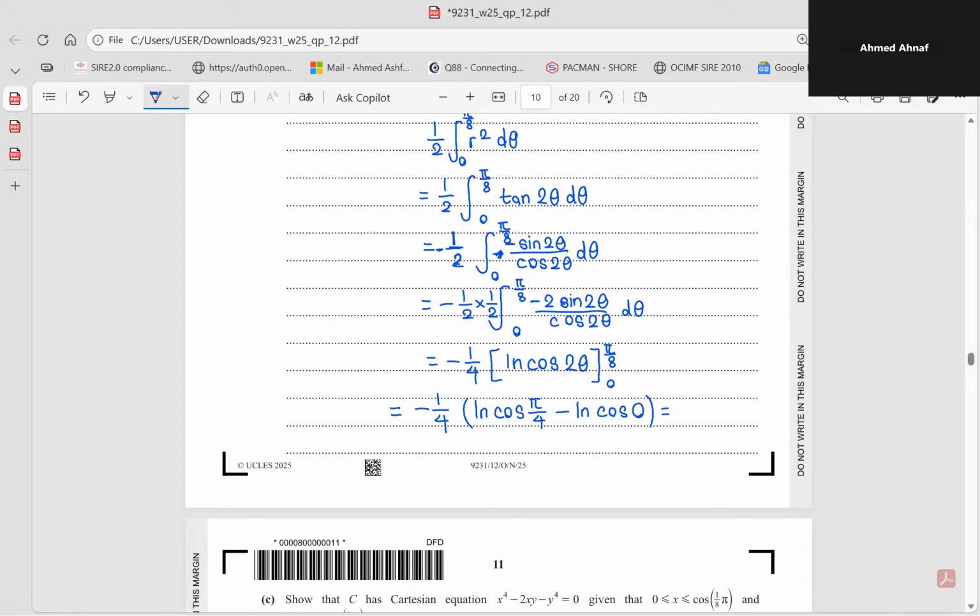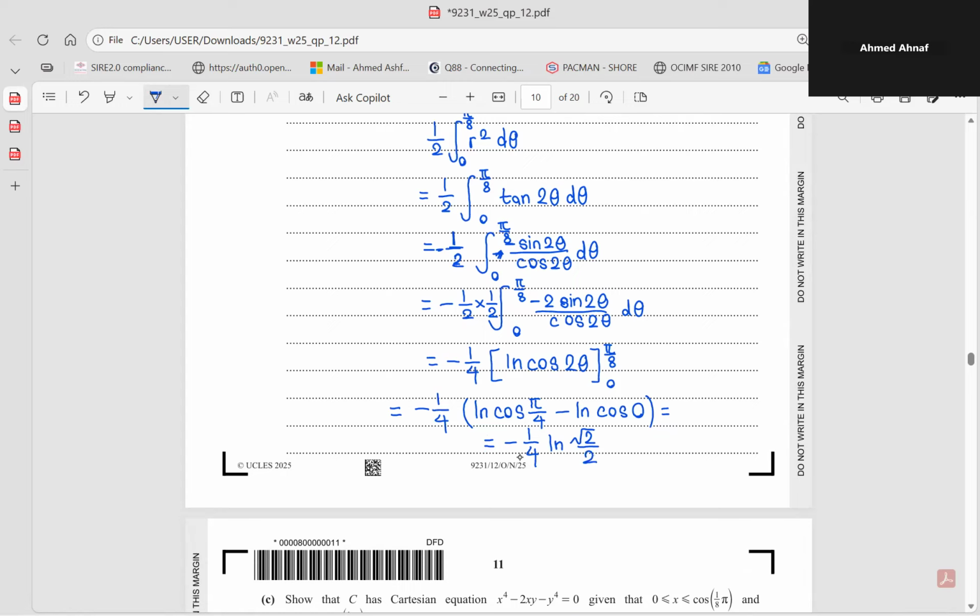ln cosine 0: cosine 0 is 1, so ln 1 is just 0. So this is just minus 1 over 4 times ln cosine pi over 4, which is square root 2 over 2.